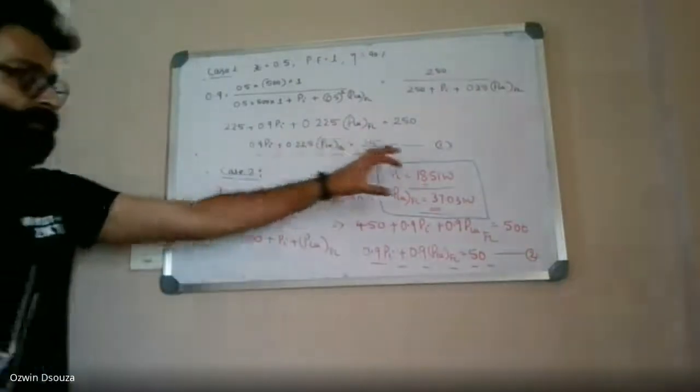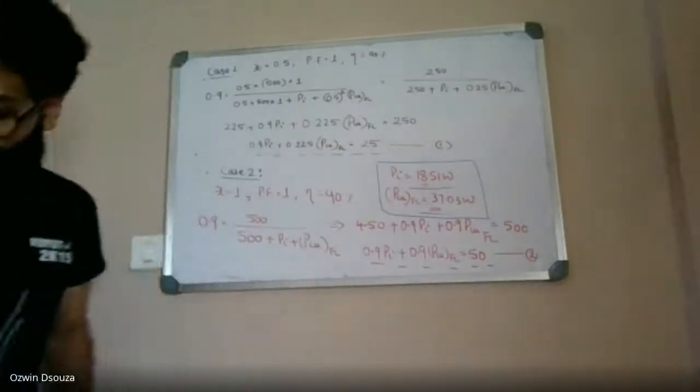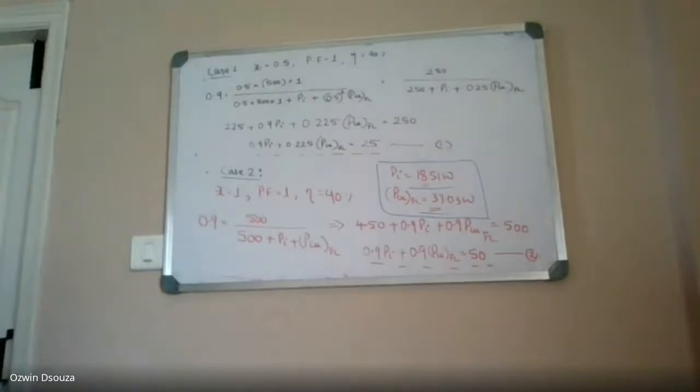So once these two losses are known, you can find the efficiency at 75% loading and at the same power factor. All right.